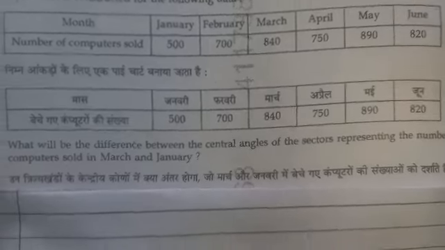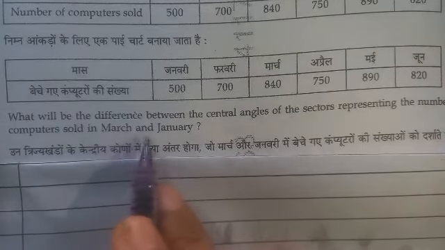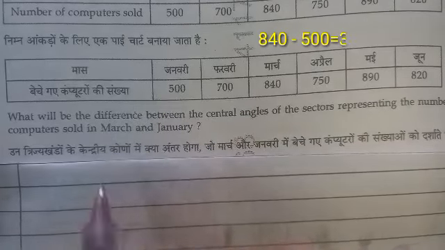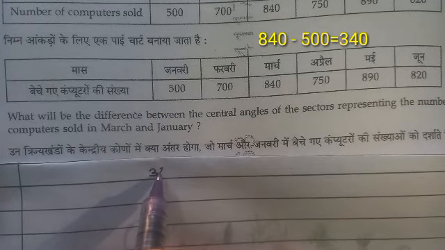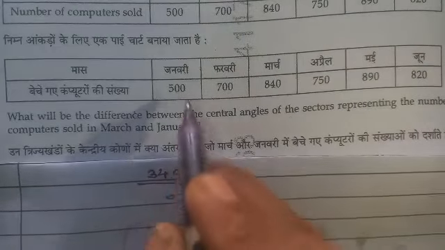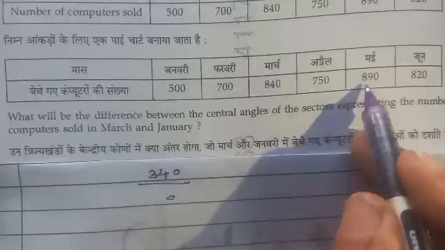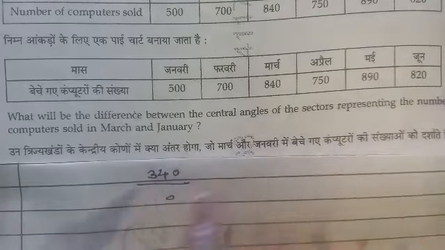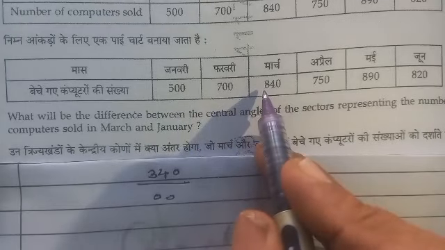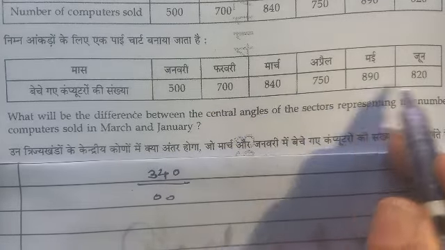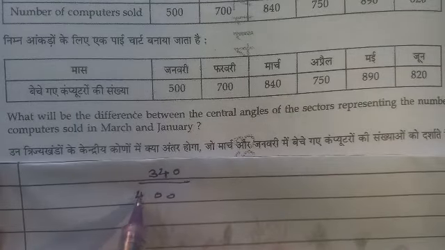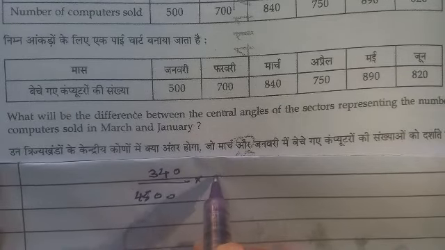Question number 35. Difference in March and January. 840 and 500. Difference is 340 upon total. 0, 4 plus 5, 9, 9 plus 9, 18 plus 2, 20, carry 2, 2 plus 5, 7, 7, 14. 14 and 15, 29. 29 and 16 is 45. Multiply by 360.